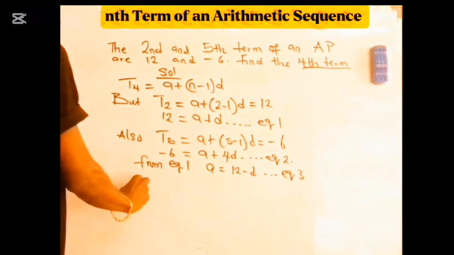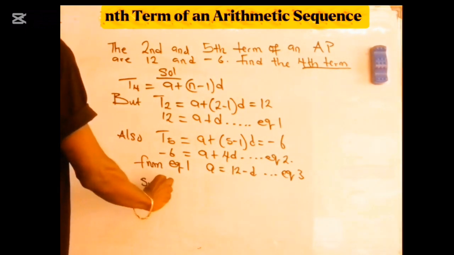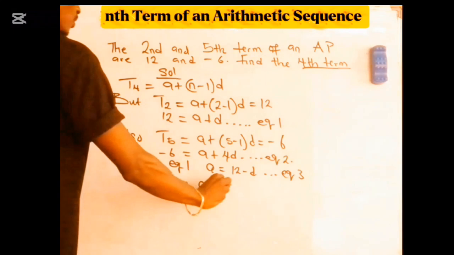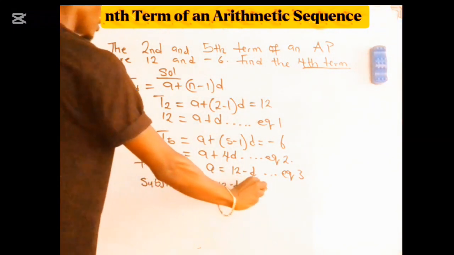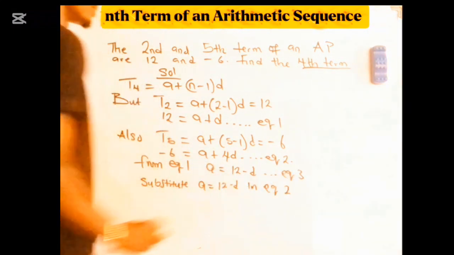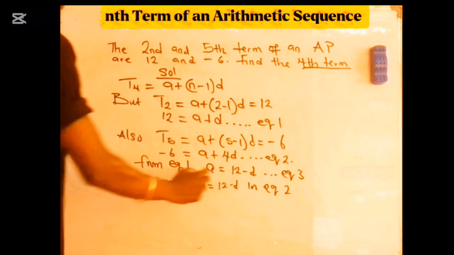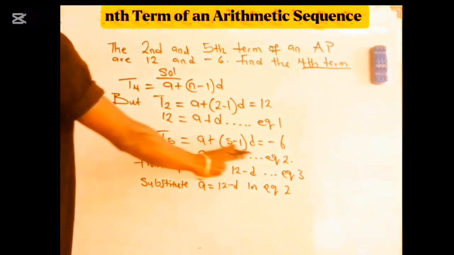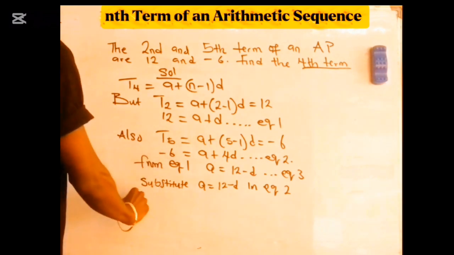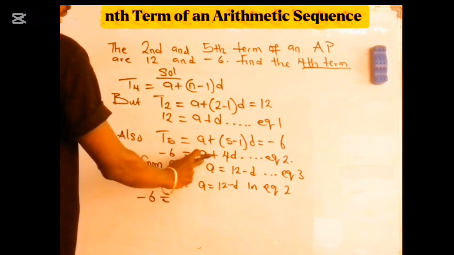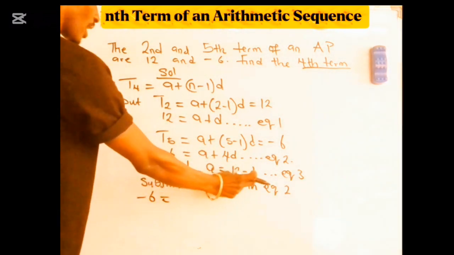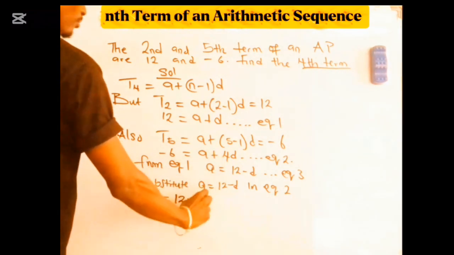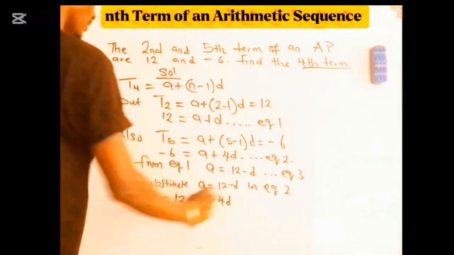So let's substitute A equals 12 minus D in equation 2. So equation 2 is minus 6 equals A, so A will now be 12 minus D, then plus 4D.